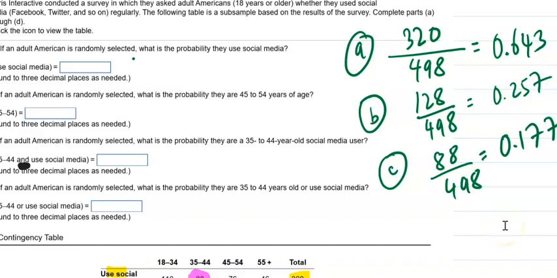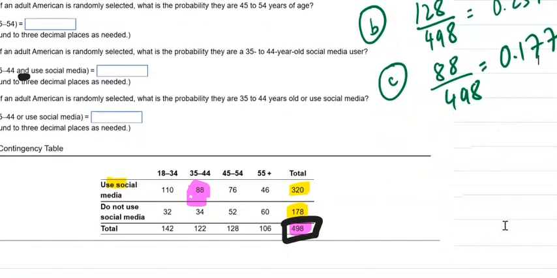Okay, for part D, you have to be careful. For part D, you're looking for the probability of being between 35 and 44 or using social media. Notice here, 35 to 44 or use social media. So you have "or" in the middle.